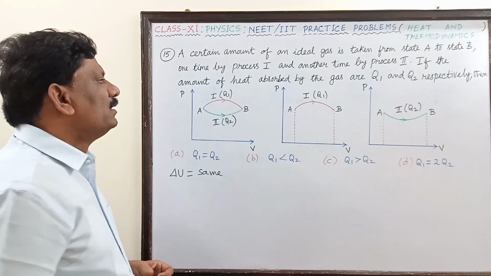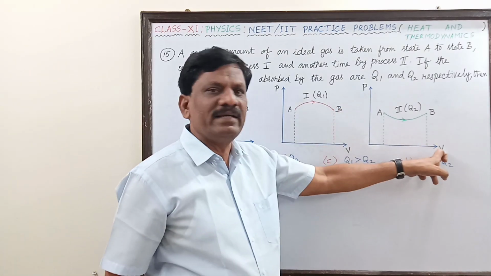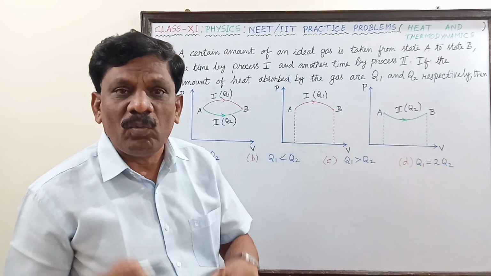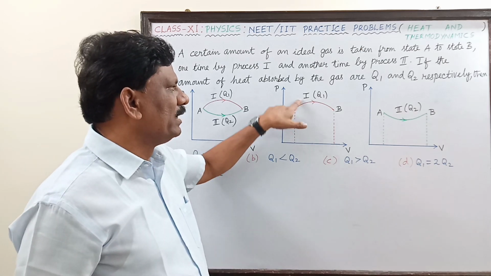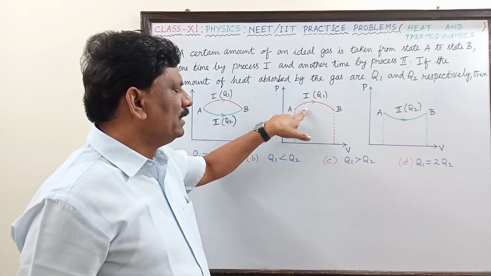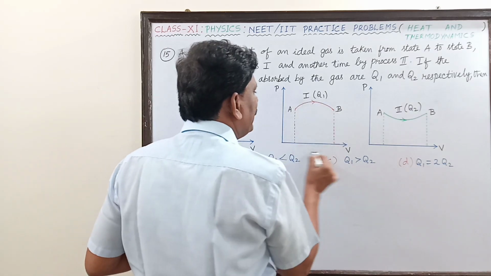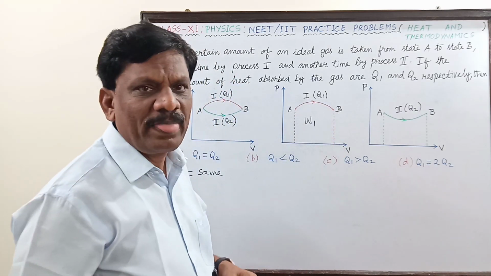But my dear students, in the PV indicator diagram, the area under the curve is equal to the work done by the gas. Is it not that? So in process 1, I have completed this closed curve and I find this area under AB and I call it W1.